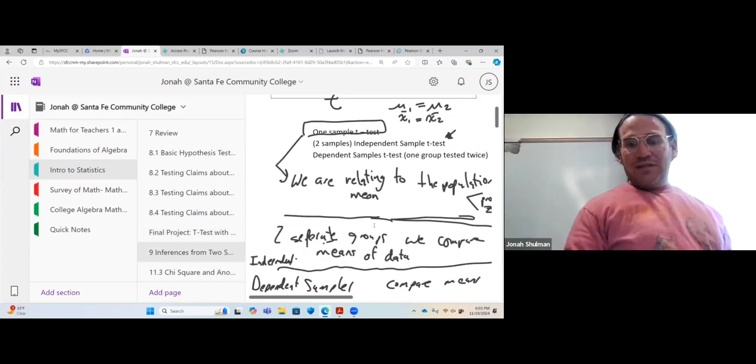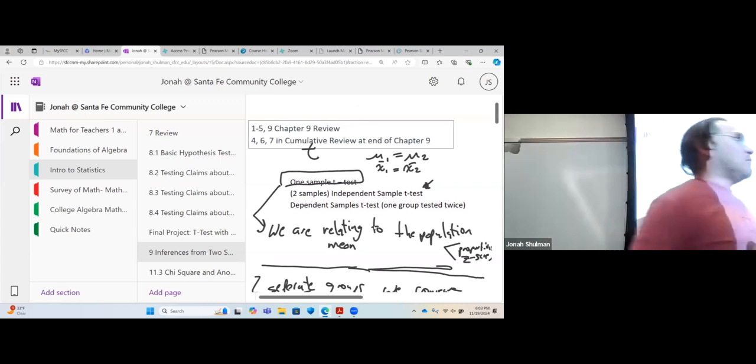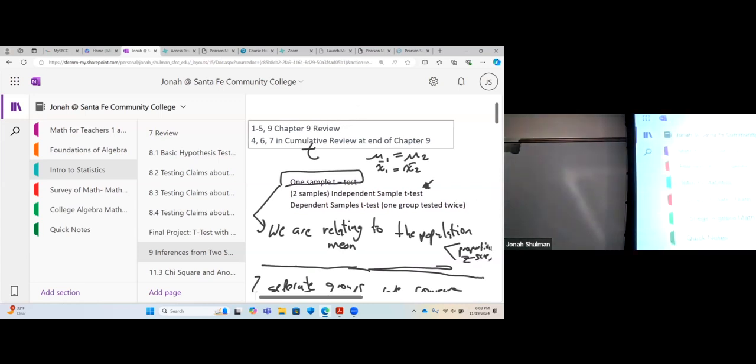But there are 3 types of t-tests. So I'm going to write on the board for a minute. We have these 3 things to keep in mind, and this is where most of the mistakes come, choosing the right test. We have 1 sample. Then we have independent samples.